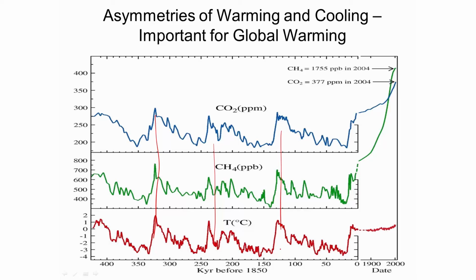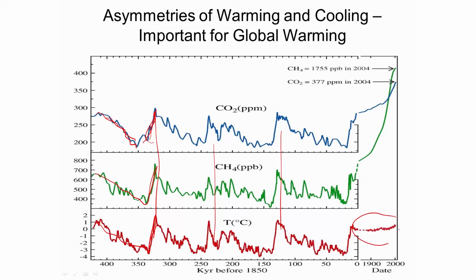There are phase lags which we will not discuss right now, but once again I will point out that there is a slow change over 100,000 years, there is a fast change, there is a slow cooling, rapid warming, slow cooling, rapid warming, rapid increase in CO2, methane, temperature. So, this asymmetry is very important. We will come back to it, but it basically has to do with ice albedo feedback, but also what happens to snowfall and humidity when you are cooling versus when you are warming. So, we will discuss that later.